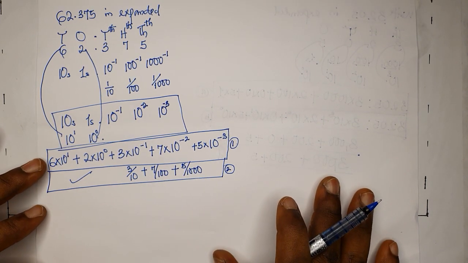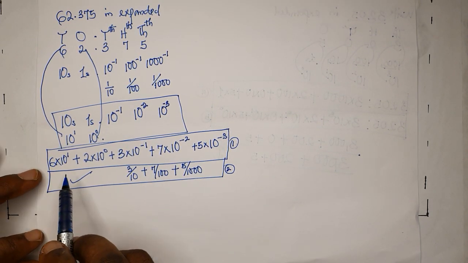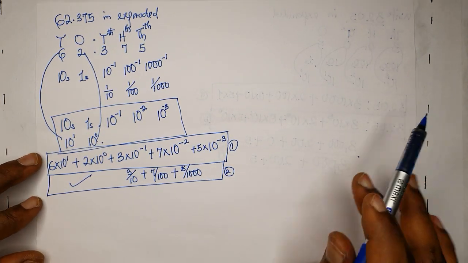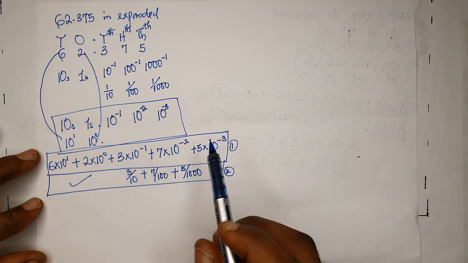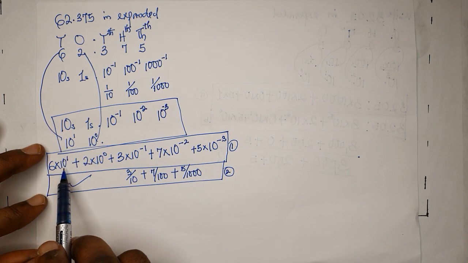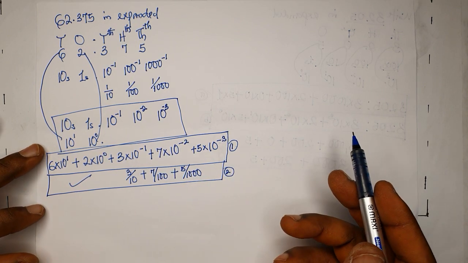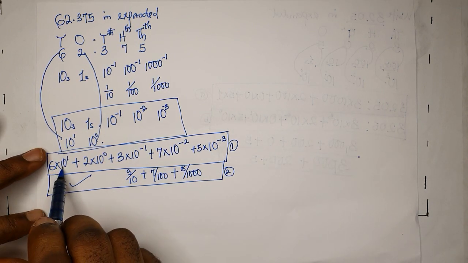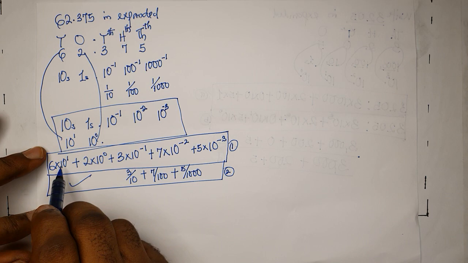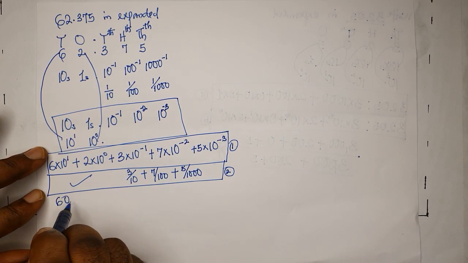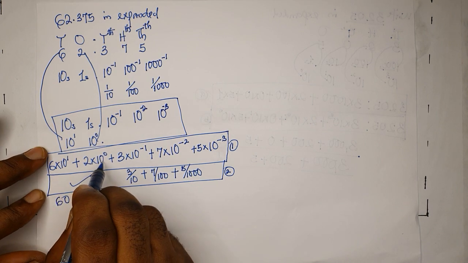There is one more way that we can use to represent 62.375 in expanded form, and that way is simply, instead of writing in powers of 10, we simplify the digits in powers of 10 and place it where they were. What it means is 6 times 10 raised to the power 1 is the same thing as 6 times 10. 6 times 10 is 60. Add 2 times 10 raised to the power 0.